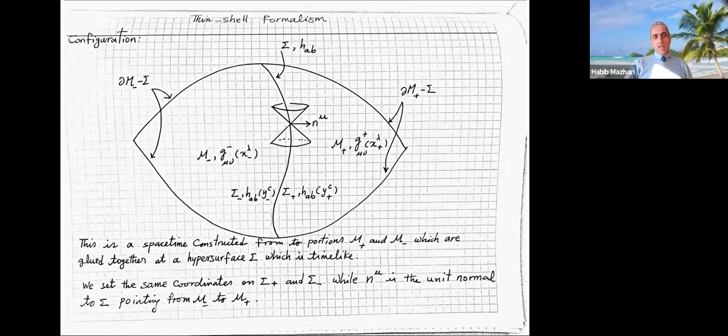We initially postulate two, let's say, conditions, which are almost trivial. First of all, the shell is very thin, so we can ignore its thickness. In this case, we postulate that n^mu, the normal vector to the surface from the negative to the positive manifold, is a continuous object.